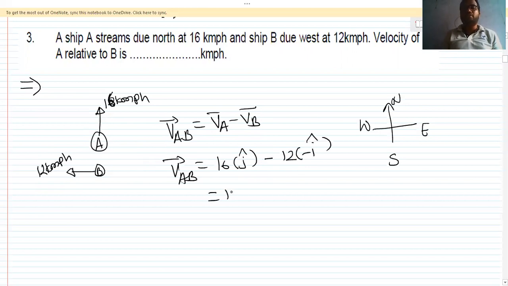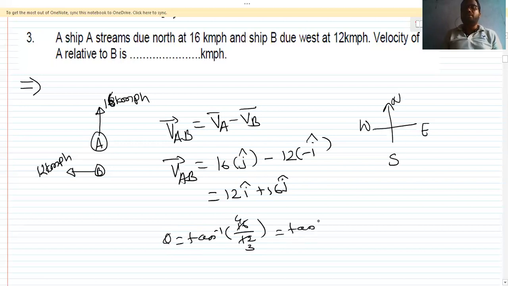And if you solve this, you will get 12 I hat plus 16 J hat. So if you want the angle, you can calculate angle also. Tan inverse, it will become y by x, and that is 16 by 12. So it is tan inverse 4 by 3, and if you calculate it, you will get 53 degrees, right?